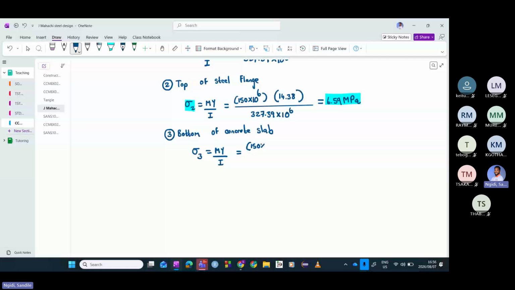Again, y. Not sure whether it's changing or what, but we need a value for it. Bottom of the concrete slab. Yes. The value of y.